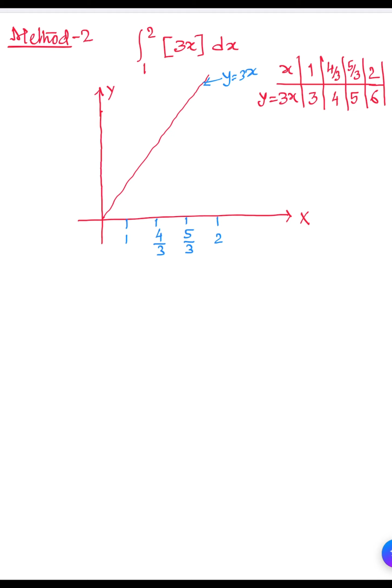When x equals 1, 3x is 3. Say this is 3.